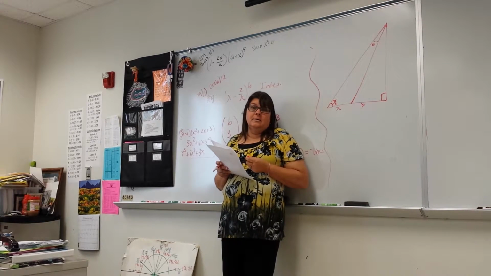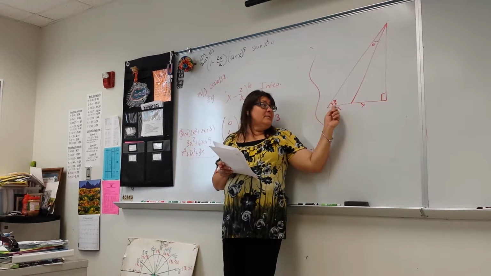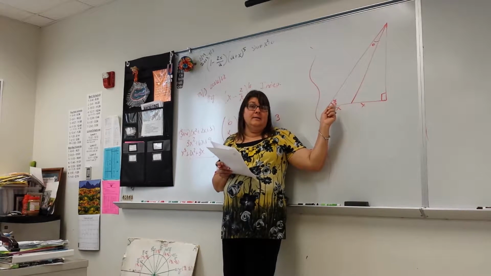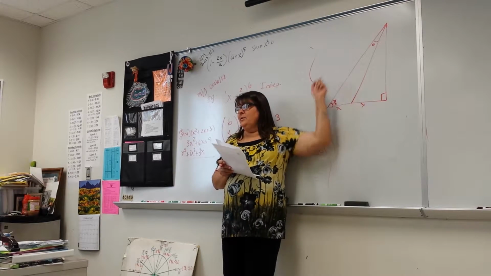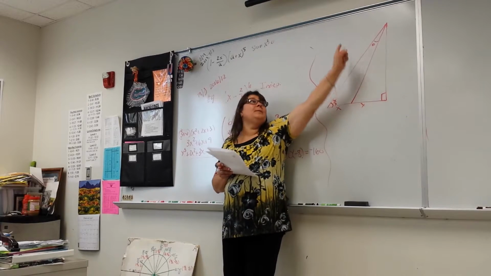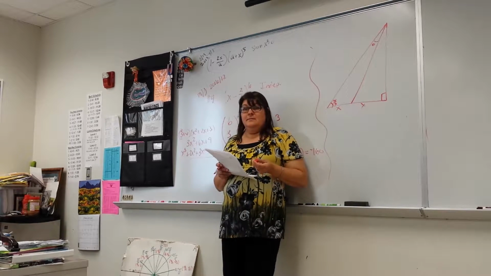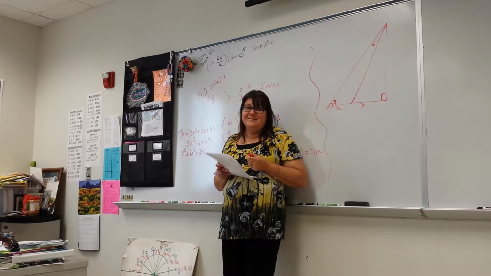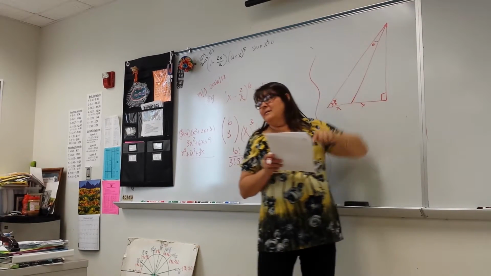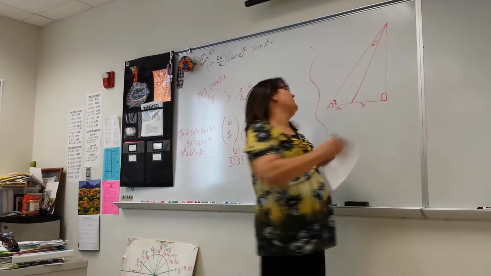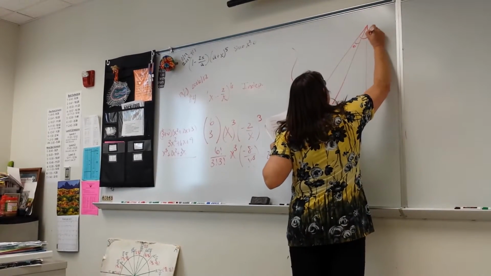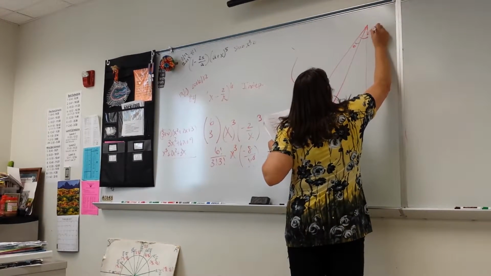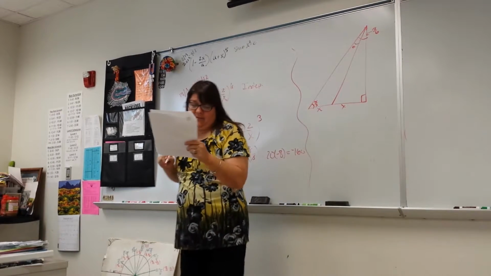Isn't that 60 degrees? Pi over 3, and that's 90, so it's a 30, 60, 90. So what would that have to be? 30 is pi over 6. So that whole thing up there is pi over 6. Everybody in agreement? So this whole thing is pi over 6. Okay, so that's now given.